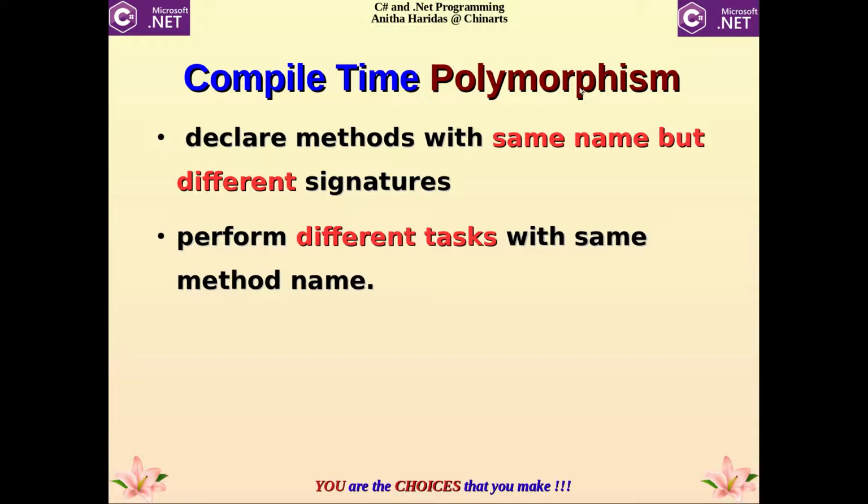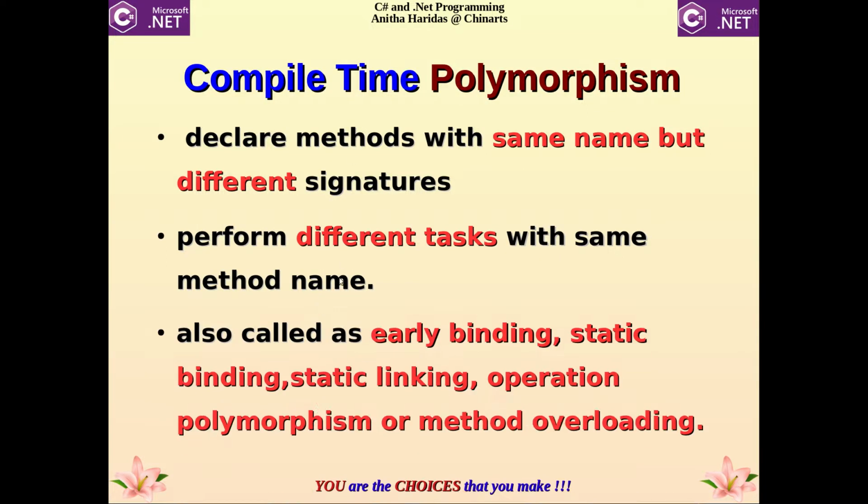When you declare methods with the same name but different signatures, they can perform different tasks with the same method name. That is also implemented in compile time polymorphism. This polymorphism is otherwise known as early binding, static linking, operation polymorphism, or method overloading. These are the other terms given for compile time polymorphism.